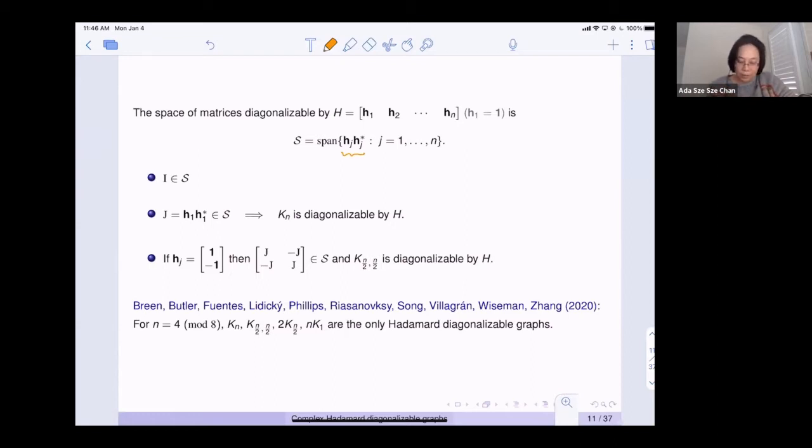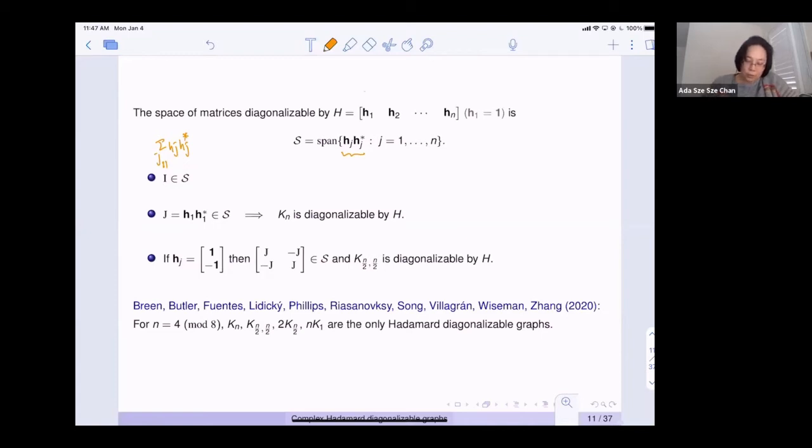But there's something that is very quick that we can say given this basis for the space. For example, if you sum these h_j h_j conjugate transpose over all j, then you would get the identity matrix. Okay, so the identity matrix is in the set. We assume that the complex Hadamard matrix is dephased.